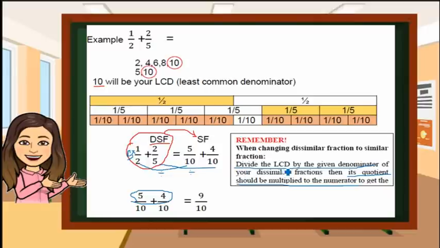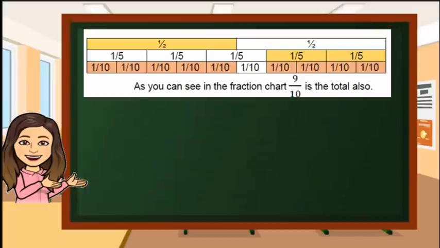By dividing the LCD by the given denominator of your dissimilar fraction. Then, multiply the quotient to the numerator to get the new numerator for your similar fraction. You understand na, class? Okay, same steps when we subtract dissimilar fractions.